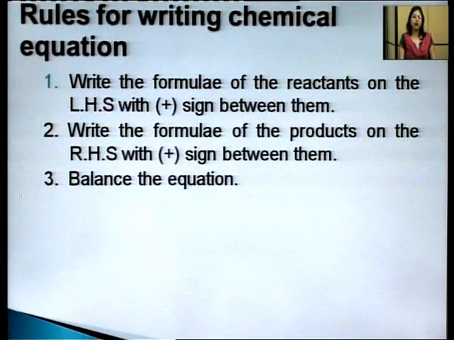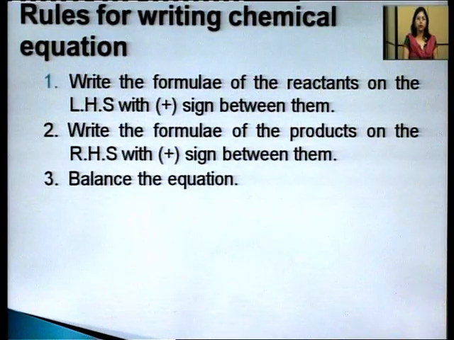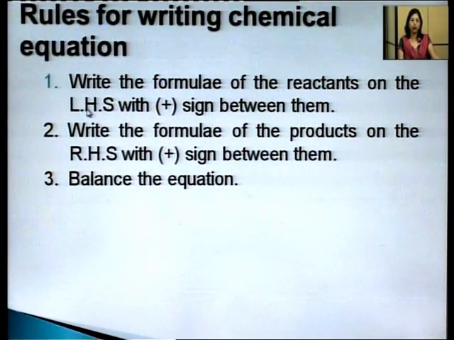Now I will tell you about the various rules for writing a chemical equation. While writing a chemical equation, these rules must be followed. First, write the formulae of reactants on the left hand side with a plus sign between them. First of all, you have to write the formulae of reactants on the left hand side of the arrow by putting a plus sign between the various reactants.